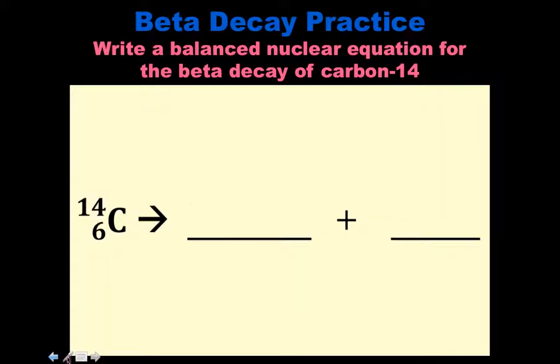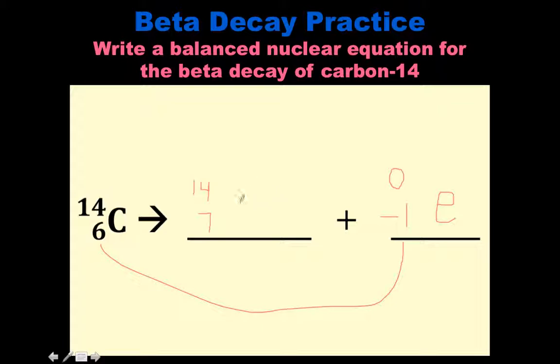Remember, over here in the beta decay, we're going to write the beta number, which is 0, negative 1, and we're going to put a little e. Now we're going to figure out what this element is. So your mass is actually going to stay the same. So we got 6 plus a negative 1 would actually be 7.